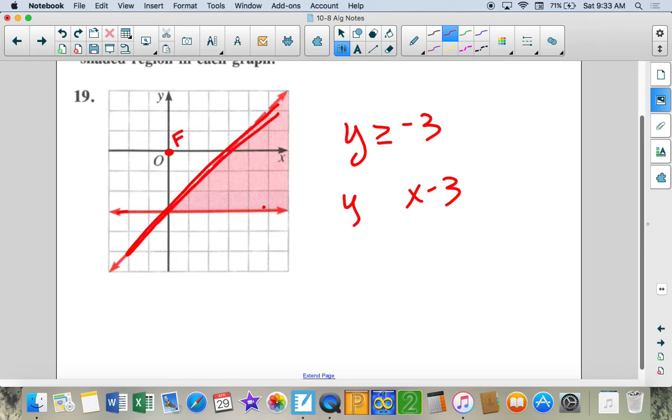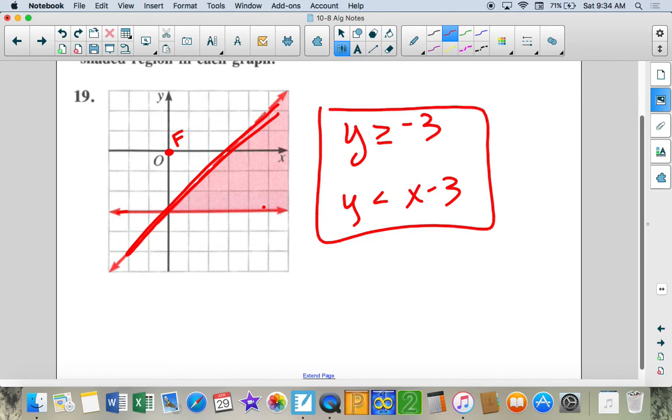So I could plug in 0, 0, simplify it, and then I have to make it a false statement. Well, that would make it false, because 0 is not less than -3. So I could look at it that way, and I could write the equation, and this would be the solution.